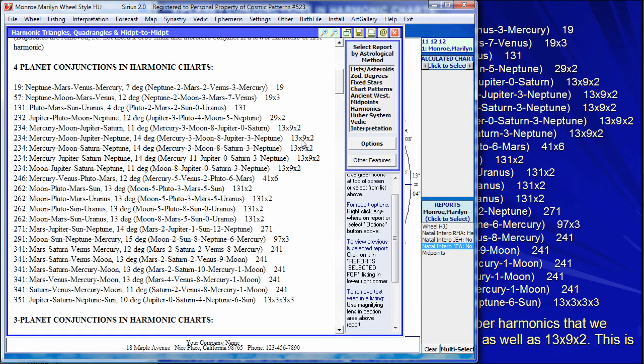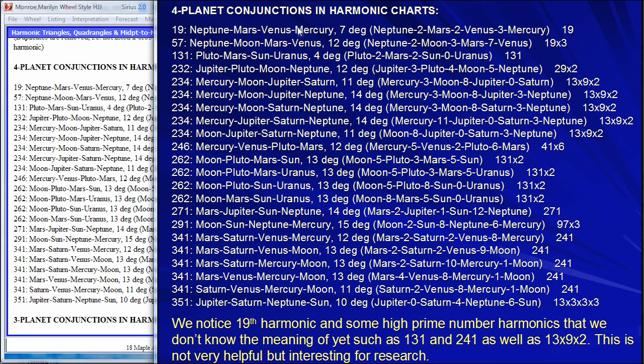We see a lot of 13 times 9 becomes very important. So we'll study harmonic charts that show up here as strong. 131 shows up a lot. Okay, so this tells us what patterns are strongest. And here's a summary of it. We notice that 19 is strong.